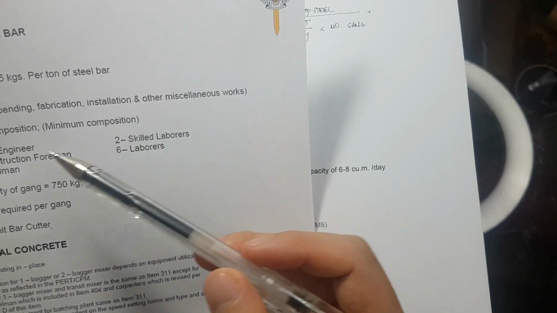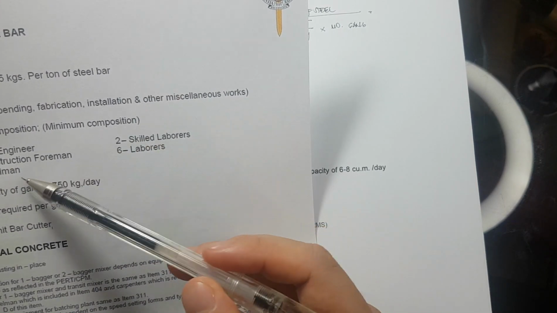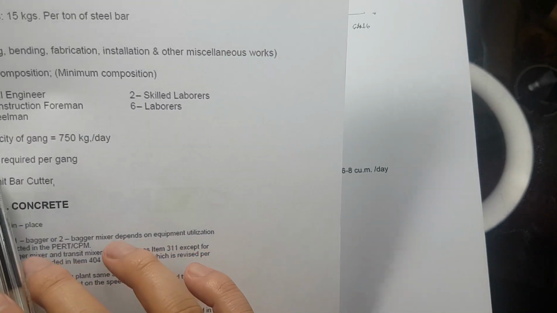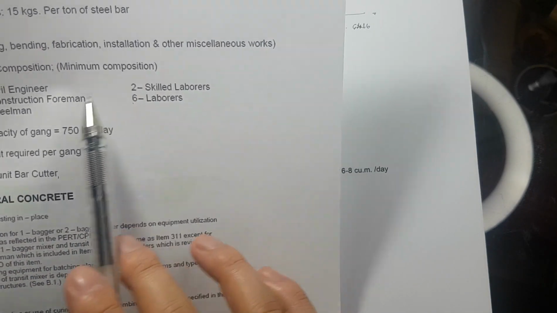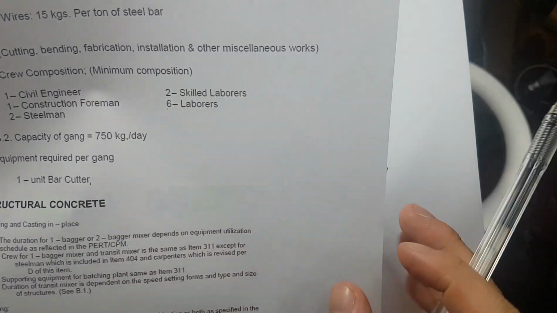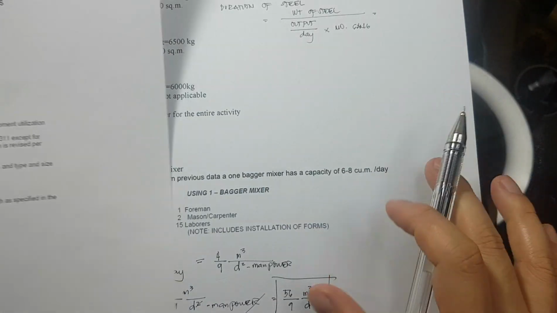So, 5, 11. So, 11, kasi we have 6, 7, 8, 9, 10, 11. So, 11 and ang productivity rate nila is 750 kilograms per day.